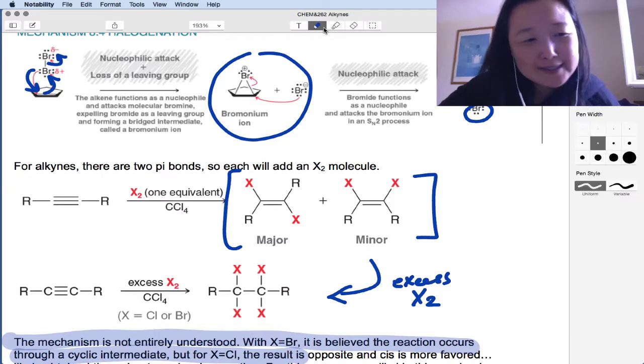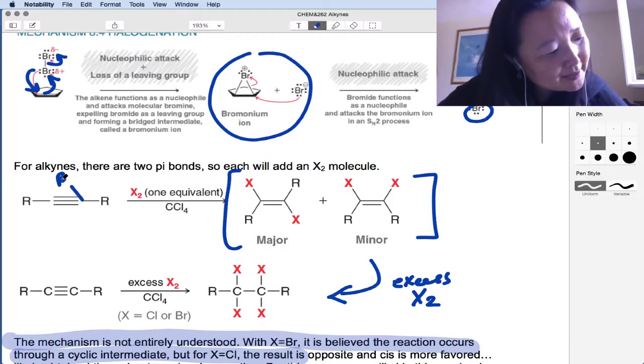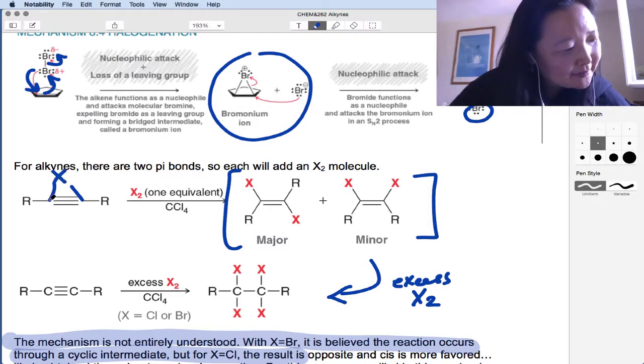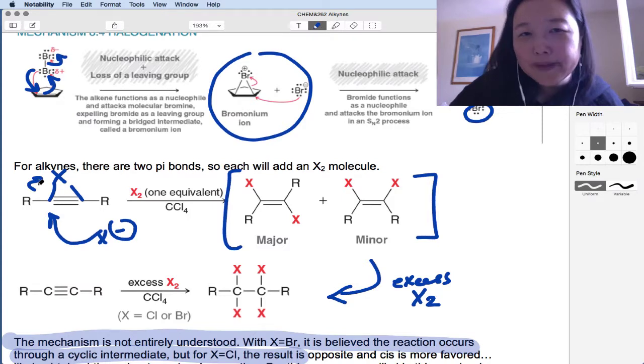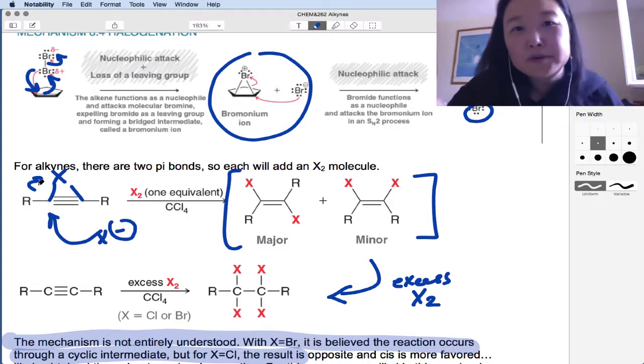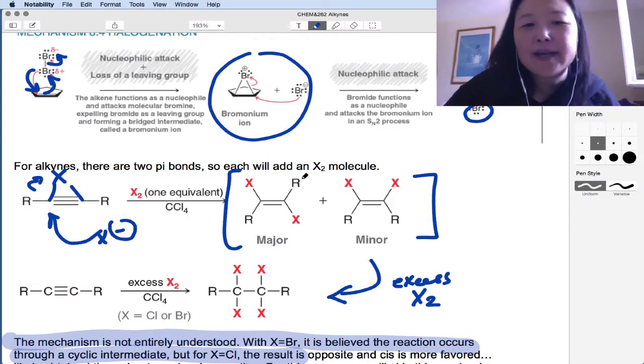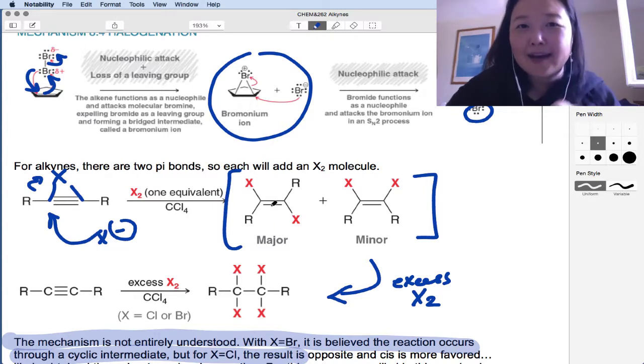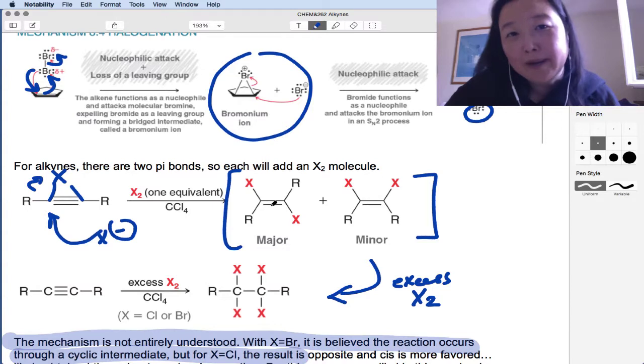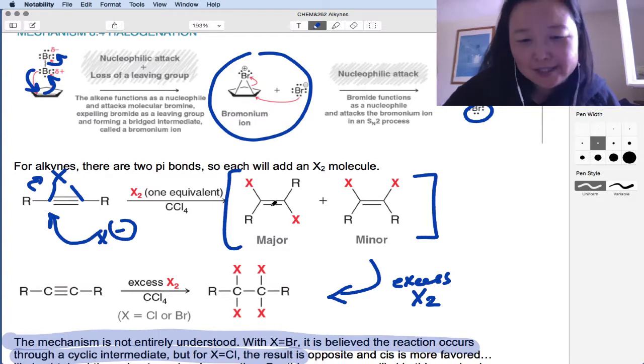I do. I still think of this as, okay, there's going to be some kind of cyclic ring, and then the X comes in and attacks the more substituted carbon. You can sort of go through those motions, and it will help you see that these are vicinal or next to each other, but you see both of them. You don't just see only major product of trans, you see major and minor product, trans and cis mixtures, and then it varies with halogens.